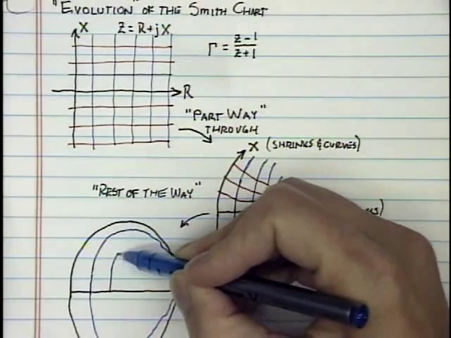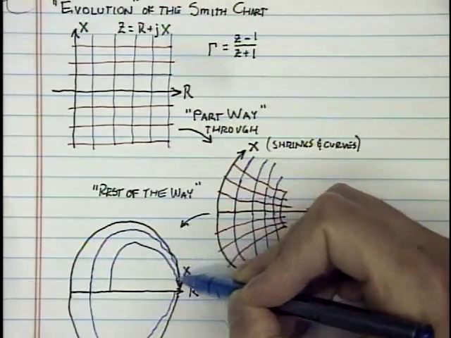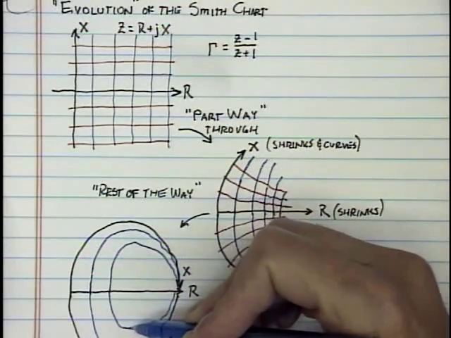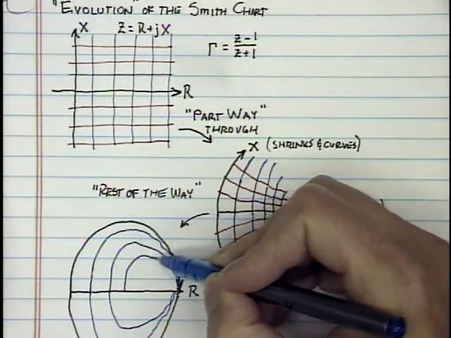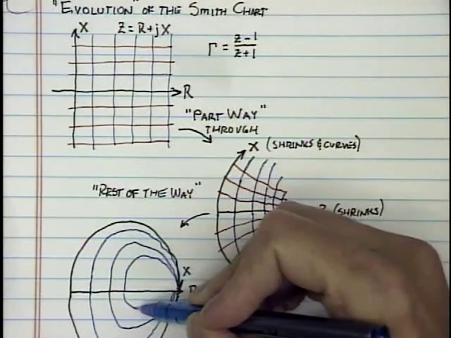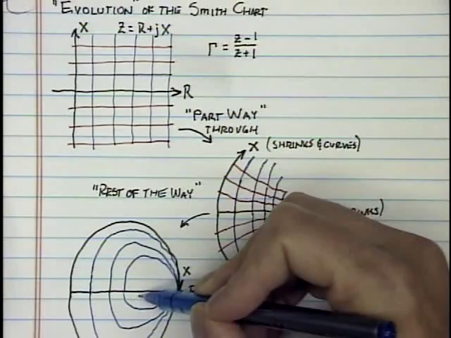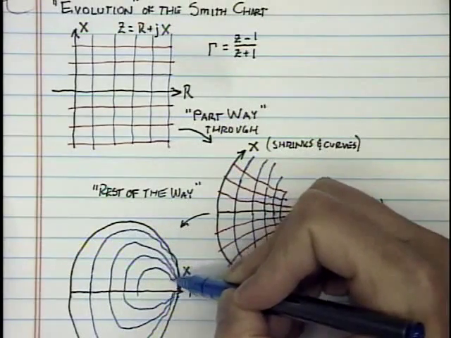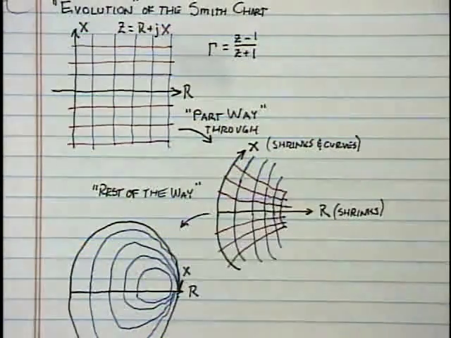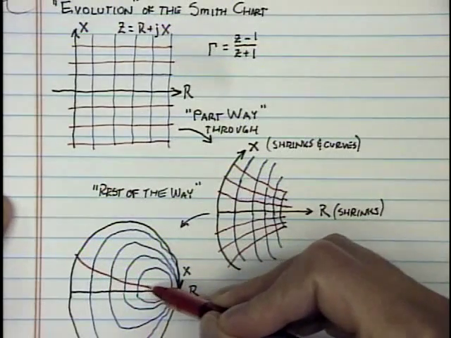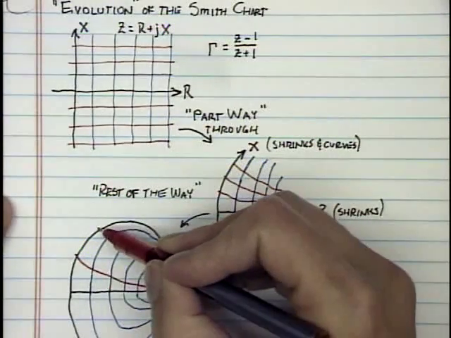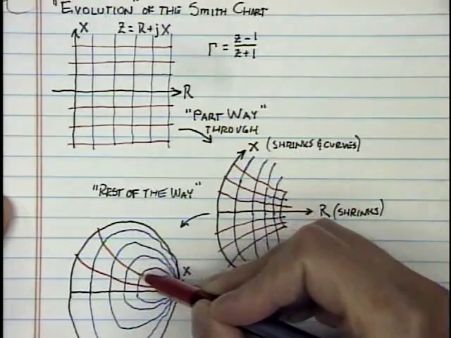Here's what happened to those lines of constant resistance. They've shrunk down until they're completely enclosed, becoming circles. They don't look like circles the way I have them drawn here. Believe me, on the Smith chart they actually are. And those lines of constant reactance now become arcs of circles.